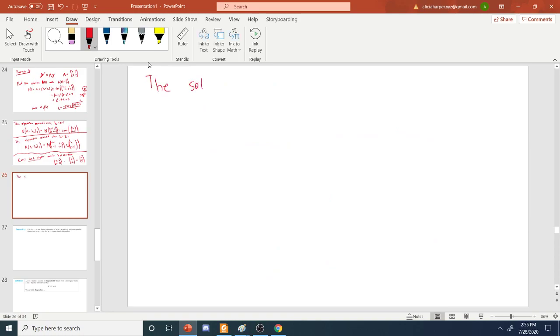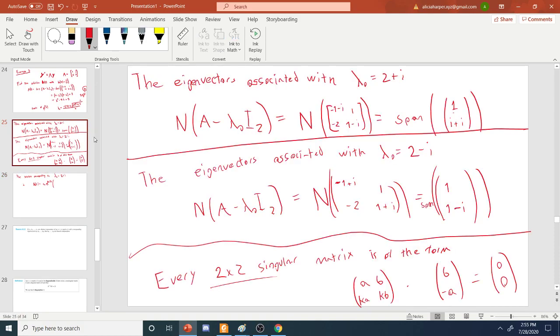The solution corresponding to lambda naught equals 2 plus i is h of t equals, actually I'm going to use a different letter, so I'll say c naught, for example, c naught times e to the 2 plus i times t times the vector 1 and then 1 plus i.